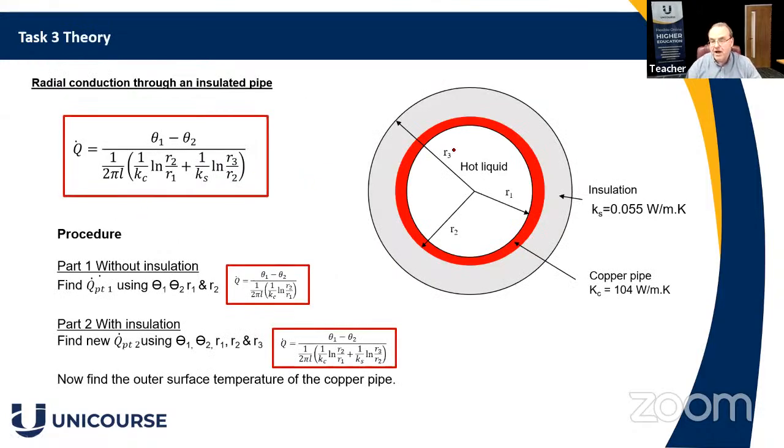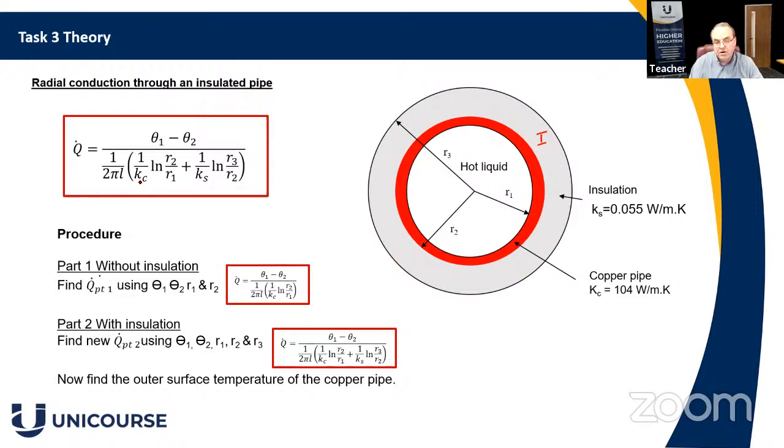So if we now look at our pipe, this is our pipe shown in red. That's the copper, and we've got the insulation on the outside in grey. This time we've got R1, R2 for the copper, and we've got R3 now for the insulation. If we look at our equation, we have 1 over 2 pi L, and we need to add the thermal resistances for each component.